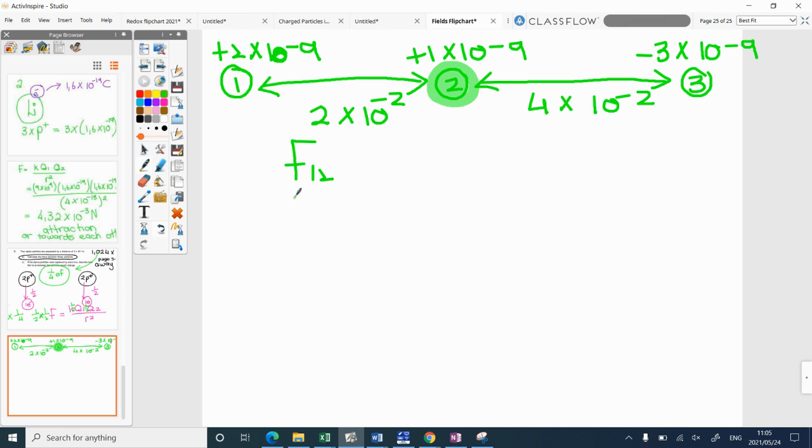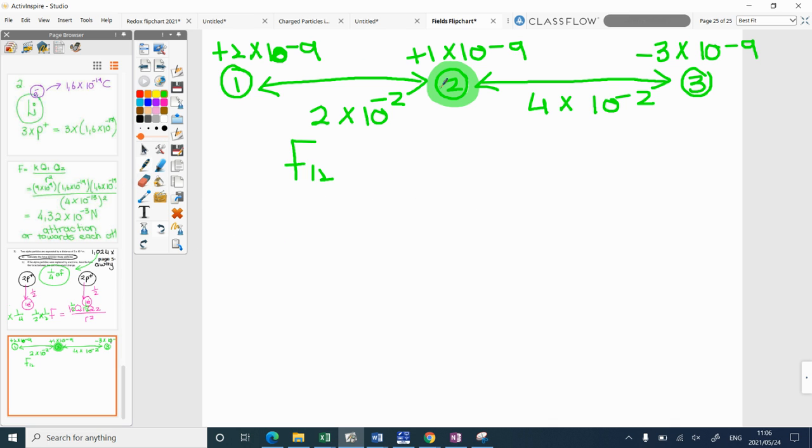Then you must have a key. Even if you write force of 1 on 2, that's fine, but you need to describe what your force is. If your label is not proper, the only ones you can abbreviate are the ones that are on your information sheet, FG, FN, those ones, not one that you make up yourself.